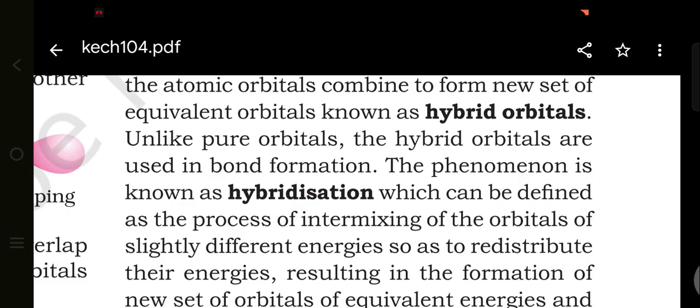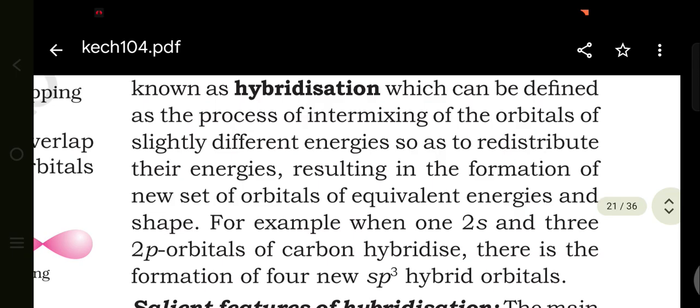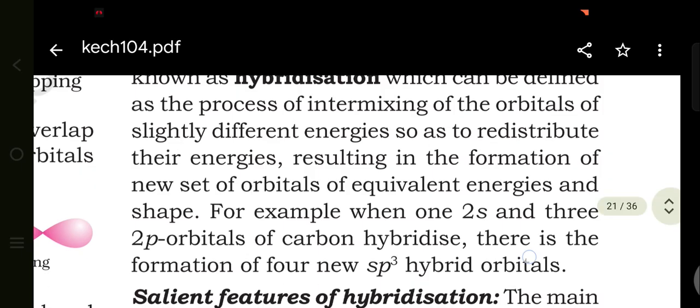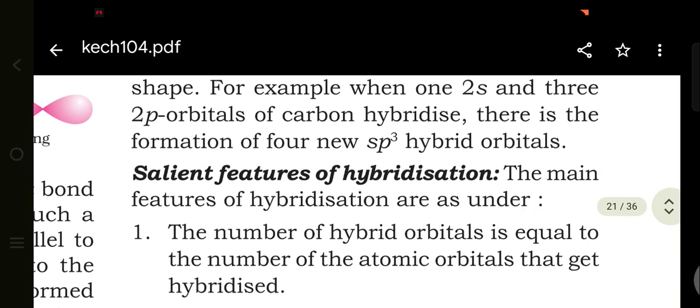The phenomenon is known as hybridization, which can be defined as the process of intermixing of orbitals of slightly different energies so as to redistribute their energies, resulting in the formation of a new set of orbitals of equivalent energies and shapes. For example, when 2s and 2p orbitals of carbon hybridize, there is the formation of four new sp3 hybrid orbitals. Salient features of hybridization.